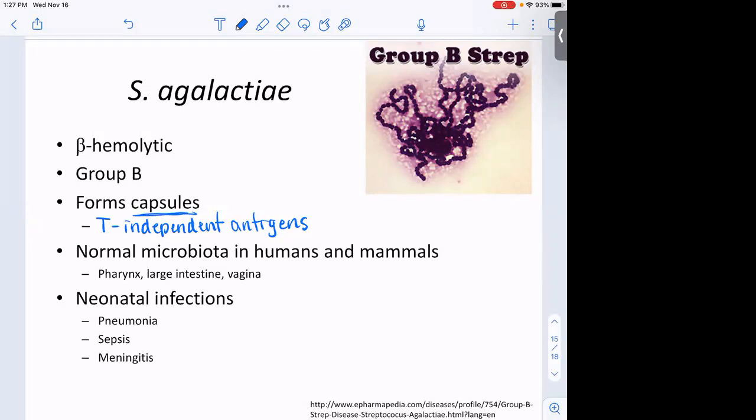So when babies contract a strep agalactiae infection, it's pretty severe. So things like pneumonia, sepsis, meningitis, pretty severe infections. We probably have some strep agalactiae, or it's estimated about 30% of us, as just our normal microbiota.